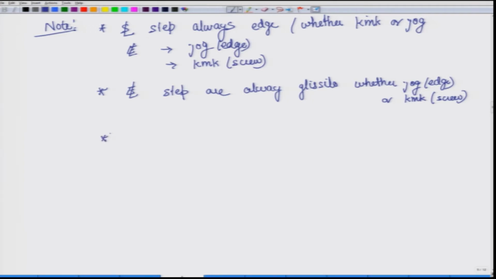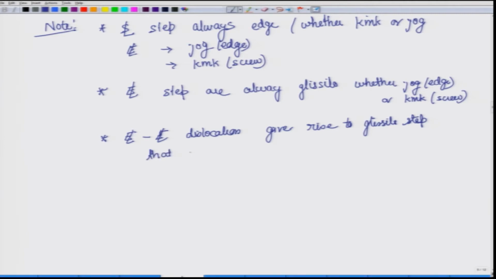What are the other important takeaway messages from what we have seen today? That edge dislocation gives rise to glissile steps that can move conservatively.